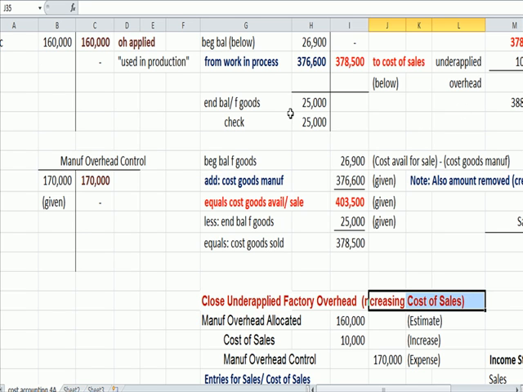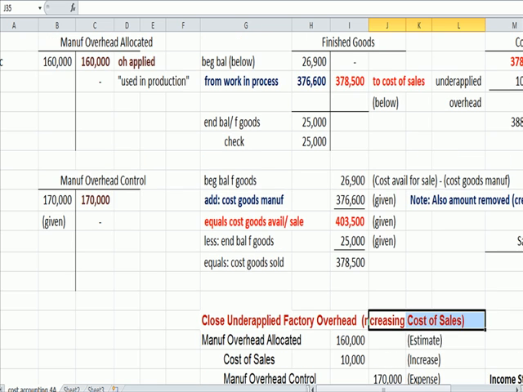So we debit the manufacturing overhead allocated account, so that account's debit and credit goes to 0. That's a debit of 160. The manufacturing overhead control gets credited, so that debit and credit, the net balance, also goes to 0.